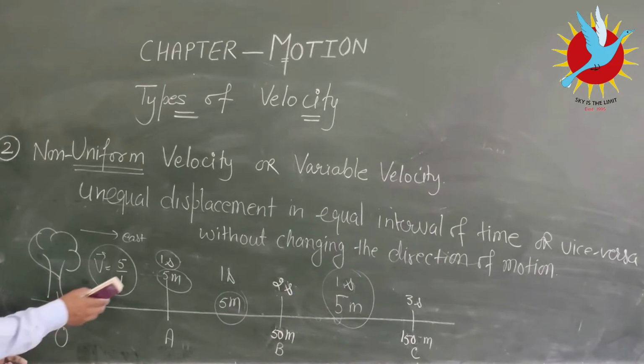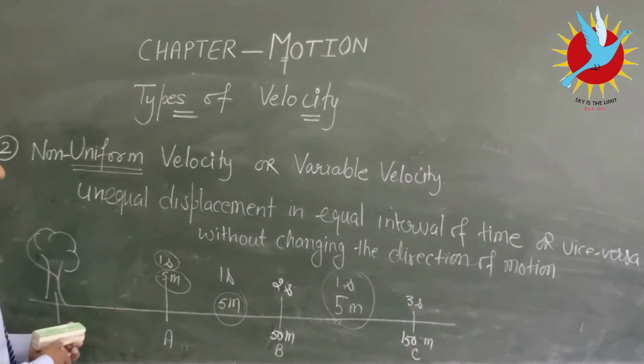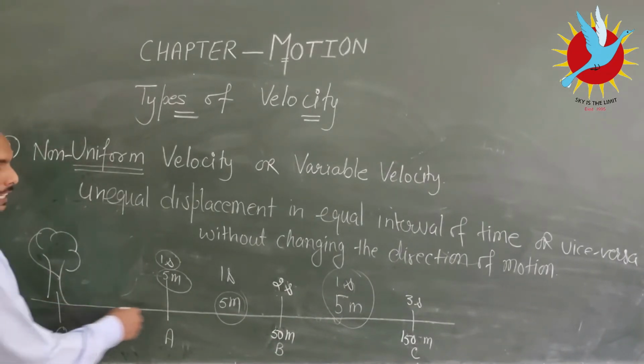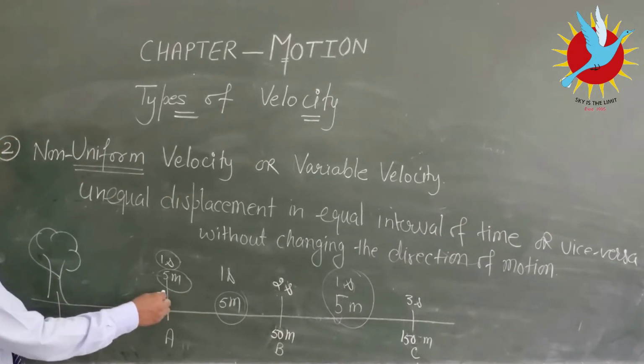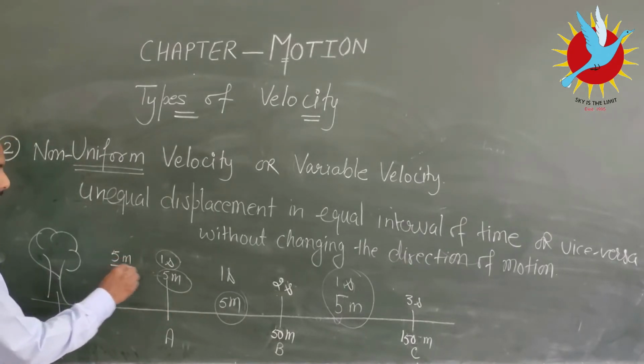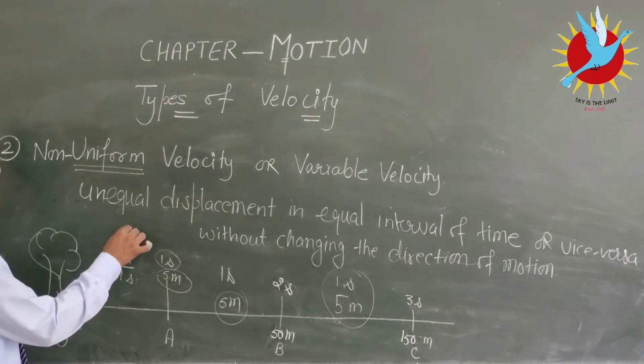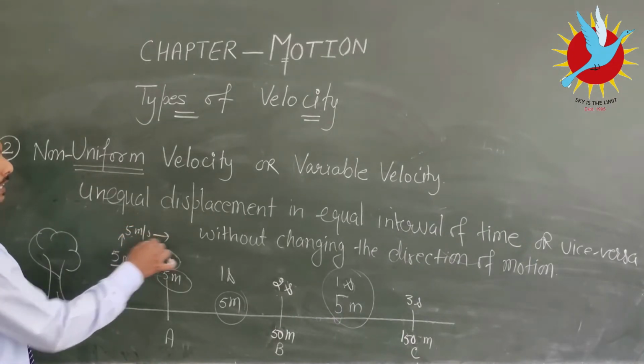Then calculate its velocity. Because it is straight line motion, the distance is also the displacement. So the displacement is 5 meters, the time is 1 second, and the value is 5 meters per second along east.